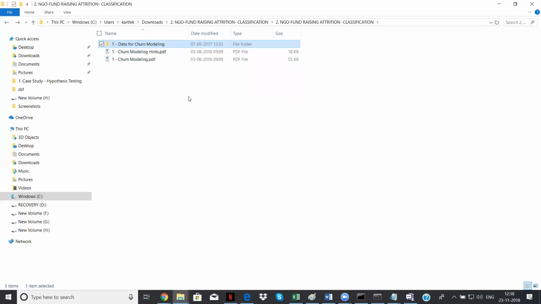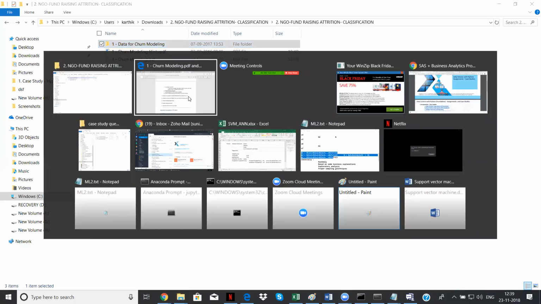What are positives should be classified as positives. My events should be classified as events. Clear? And misclassification error should be low. That is how I'll decide my cutoff. There can be some functions which come up with an optimal cutoff value, or you can do your own hit and try. Clear? So that is how you will be working on this case study here.